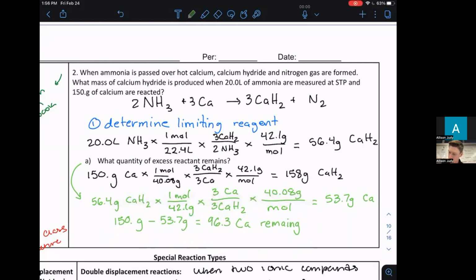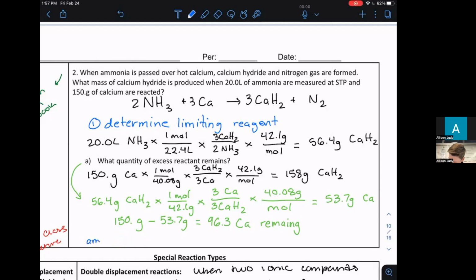So in general, in order to determine the amount of excess that's left over, you are going to do, or sorry, I guess excess is not the best way to put it.